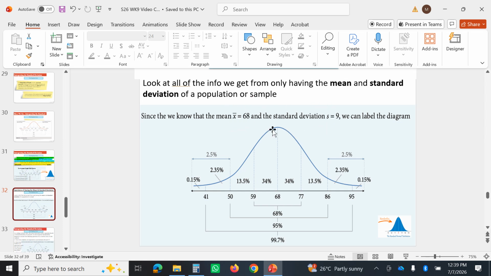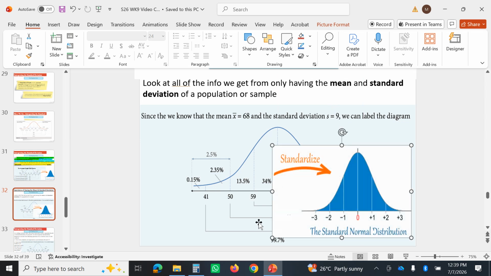Look at all the information you can get from only these 2 bits of information. That's why you've got to be able to get the mean, and get the variance and then take the square root of the variance. You've got to be able to get that standard deviation because this is the direction we're going.